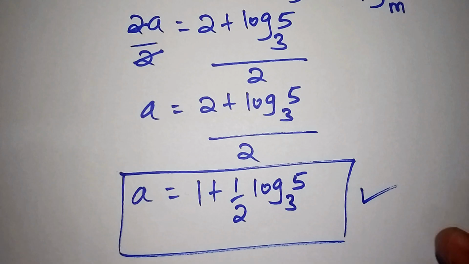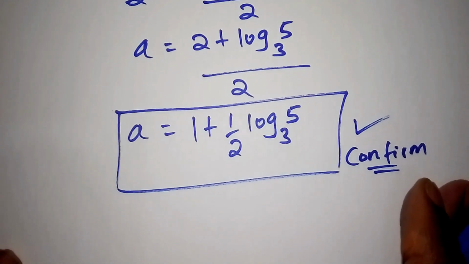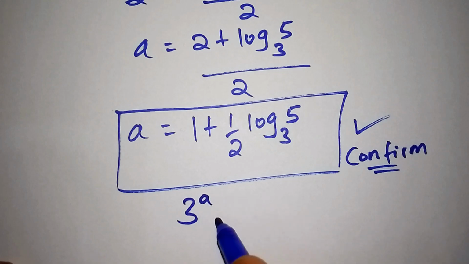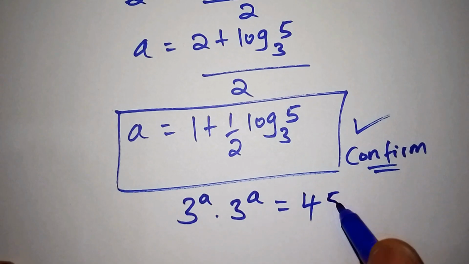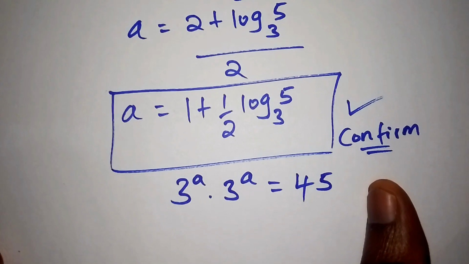So I believe you got this as the correct answer. So let's now confirm it. So when we confirm, we bring the maths problem that we had. So we had 3 to the power of a, then multiply by 3 to the power of a is equals to 45. So let's now check it by confirming it properly.